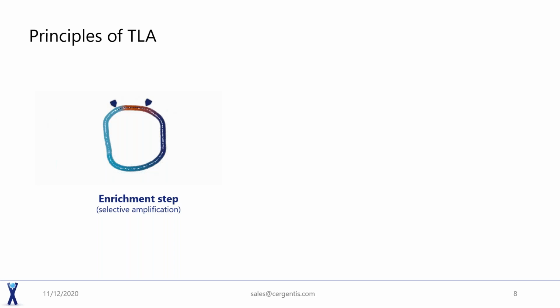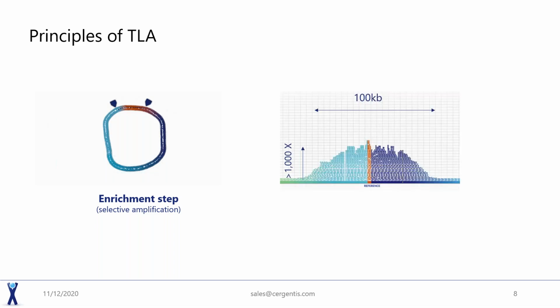And by doing this, we selectively amplify the circles that we're interested in such a way that in the end, we'll get this type of high sequencing coverage profile. So it looks, as you can see, somewhat like a bell-shaped curve. And again, the coverage will be highest in the immediate vicinity of the primer pairs that were used, and the coverage will decrease and decline with greater physical distance from the position of those primers.